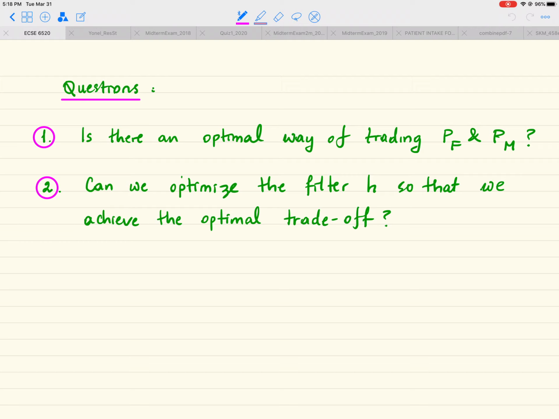And also, can we optimize this filter? Can we optimize the threshold, etc.? Now, we will cover two separate approaches, a Bayesian approach and a frequentist approach, in designing a discriminant function as well as a threshold.